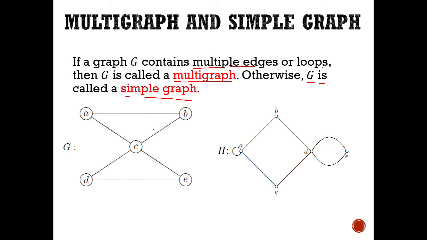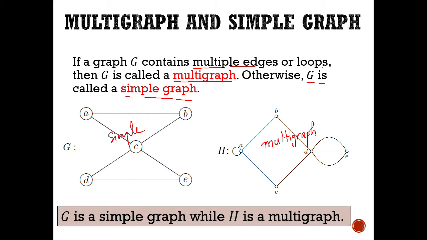As you can see, G is simple because it doesn't have multiple edges or loops, whereas H has a loop. It also has multiple edges. Therefore, this is a multigraph. Okay. So in our discussion of determining the shortest path or the fastest route from a starting point to destination, we will restrict our discussion to simple graphs.